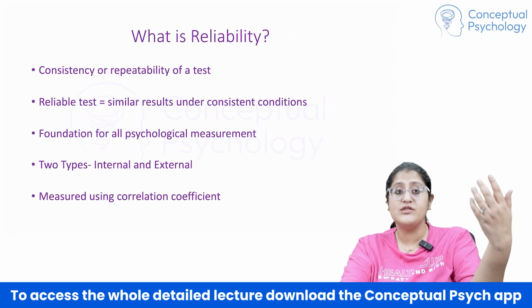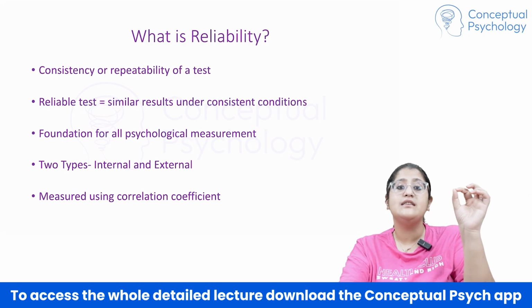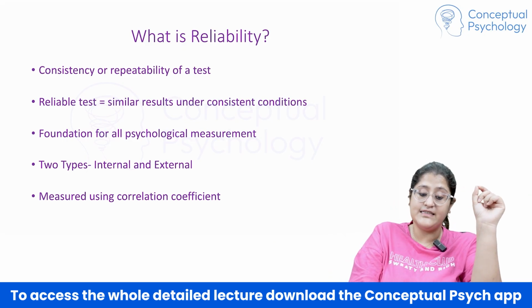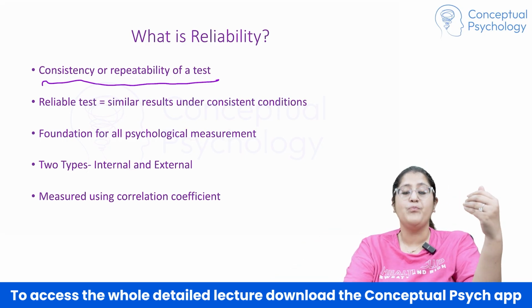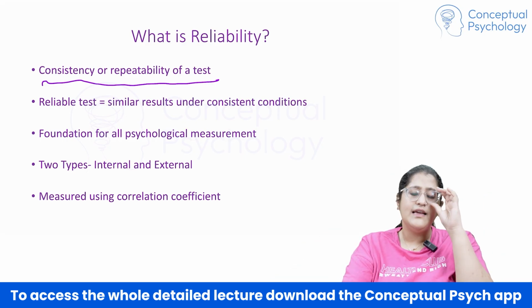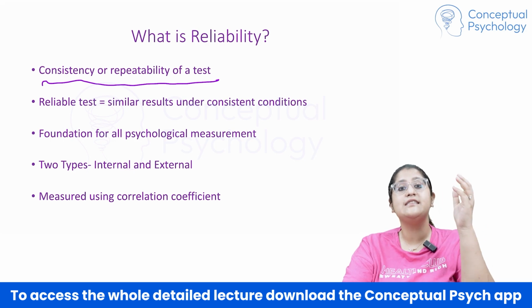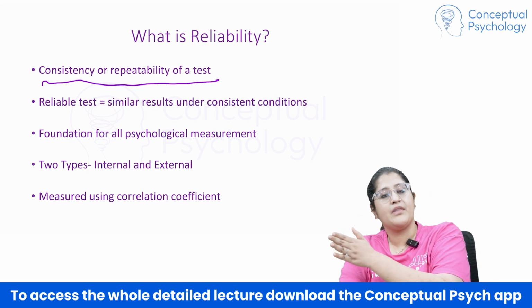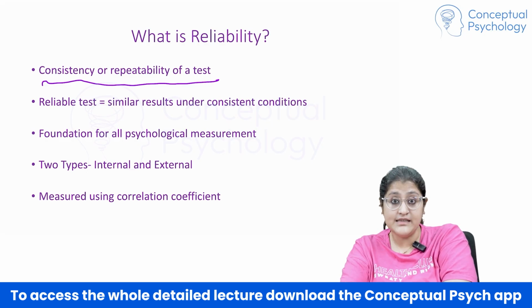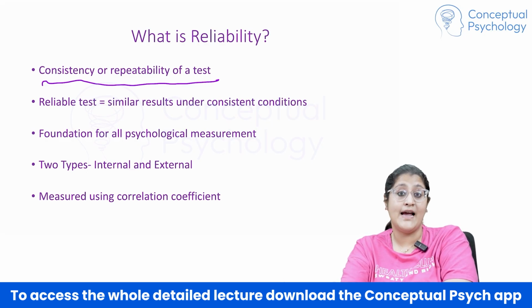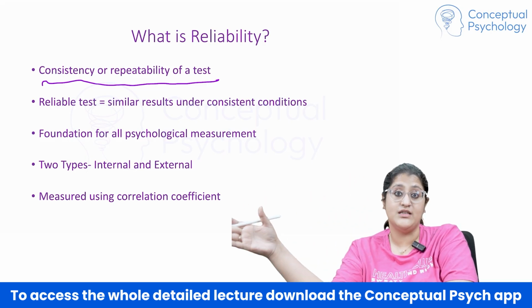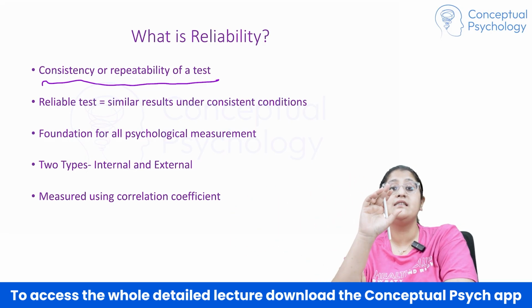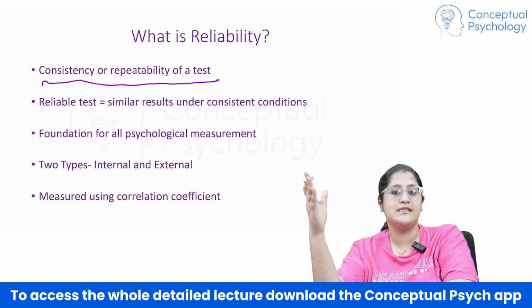Reliability is the consistency or repeatability of a test. What does that mean? It means that if a test is repeated across settings, across timelines, or even across populations, it delivers similar results provided the conditions remain the same.